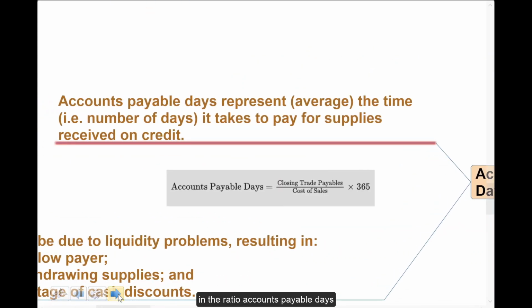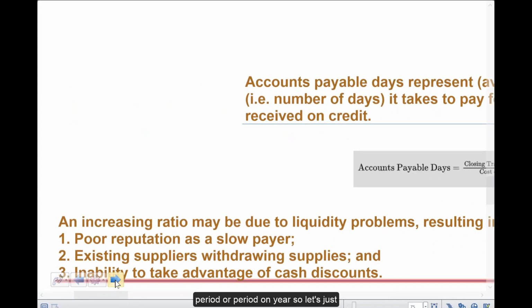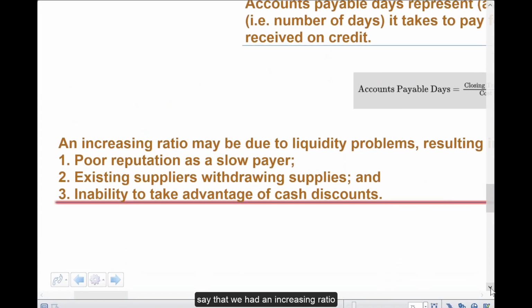Accounts payable days, similar, but in reverse. We're talking about days representing the time it takes to pay for supplies received on credit. Now again, just the closing trade payables figure divided by cost of sales. Now again, there has to be reasons for changes in this period on period or period on year. So let's just say that we had an increasing ratio.